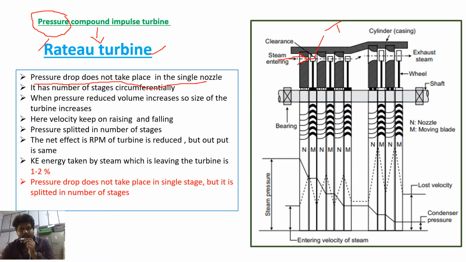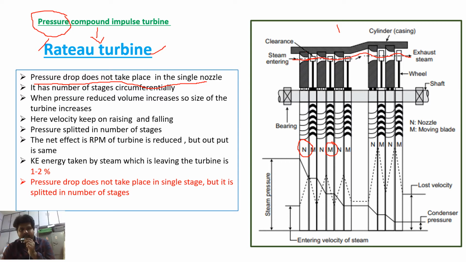But here in the Rateau turbine, it has a number of nozzles and a series of blades. So the steam will pass through the number of nozzles and also through the series of blades. Here we can see N denotes nozzle, M denotes moving blade. Blades are of two types, moving blade and stationary blade.